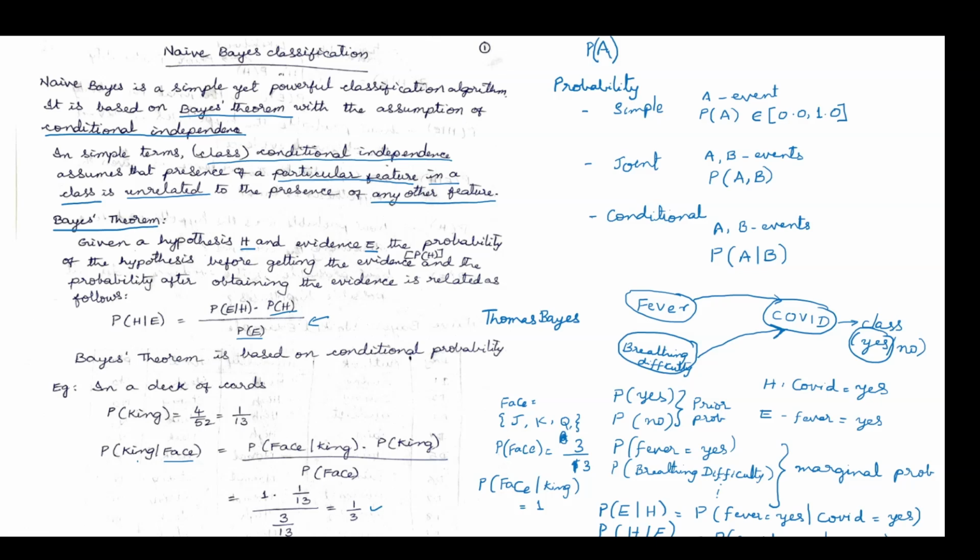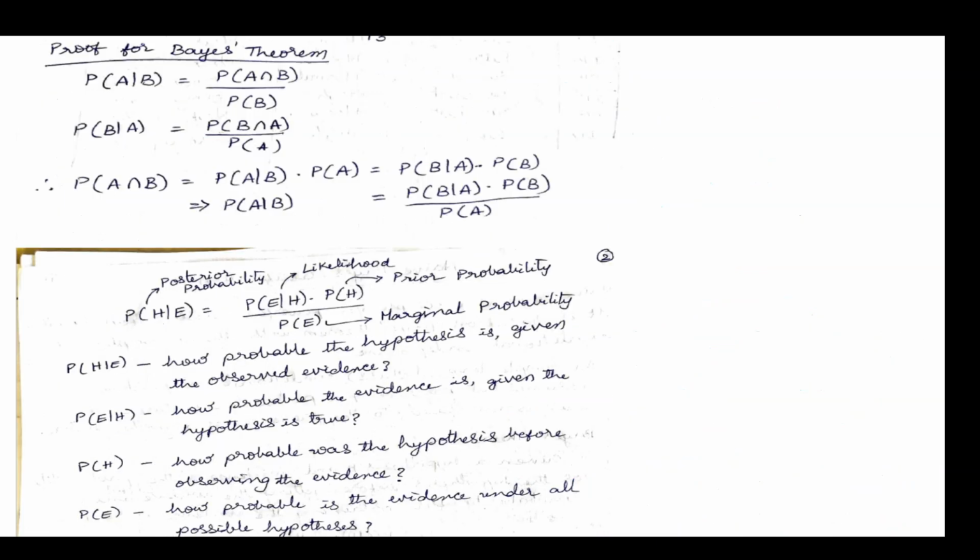Moving ahead, if we look at the Bayes' theorem, if we consider 2 different conditional probabilities, P of A given B is P of A intersection B divided by P of B. P of B given A is P of B intersection A divided by P of A.